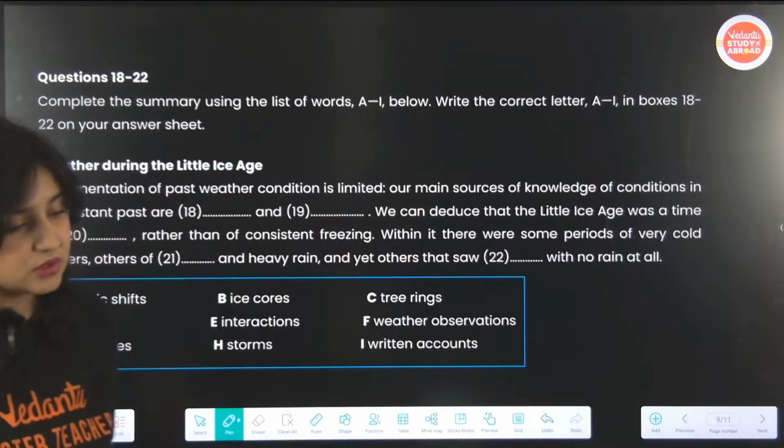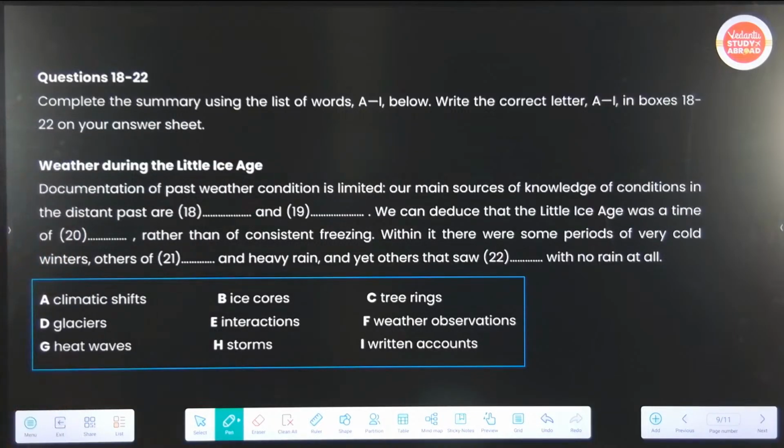Quickly give me the answers. You can go back and take a look at the notes. It will help you out.